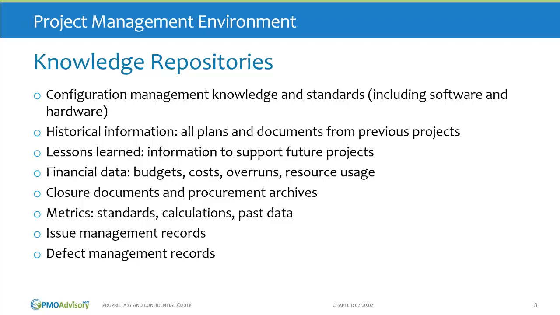The first type of knowledge is configuration management. So this could include software and hardware. This describes the way that the project elements are going to be defined and coded.